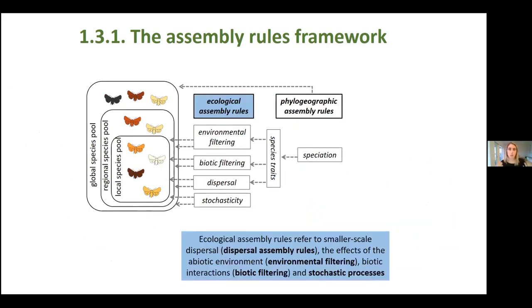The ecological assembly rules, which might be the most familiar to you, refer to the smaller scale dispersal, also known as dispersal assembly rules, the effects of the abiotic environment, which is also known in the ecological literature as environmental filtering, biotic interactions, which we often refer to as biotic filtering, and stochastic processes like demographic stochasticity, for example.